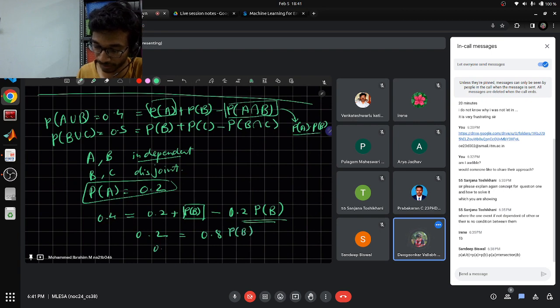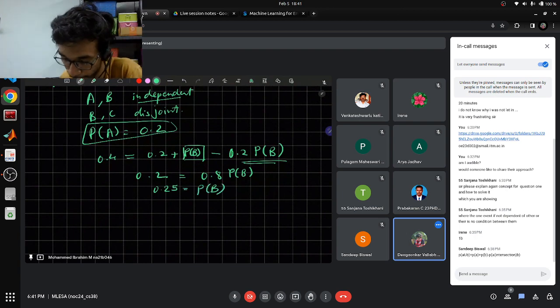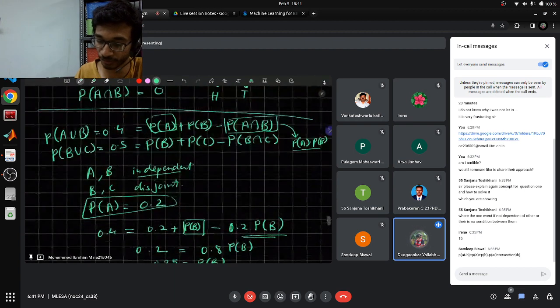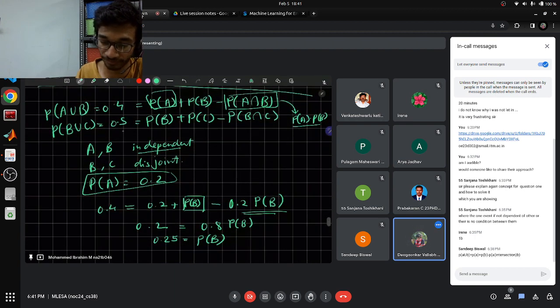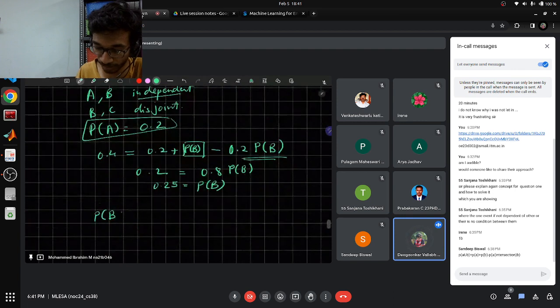It just becomes 0.25 here. And then you can use that to calculate P of C, which is just, since B and C are disjoint, you can do P of B union C, which is given to be 0.5.